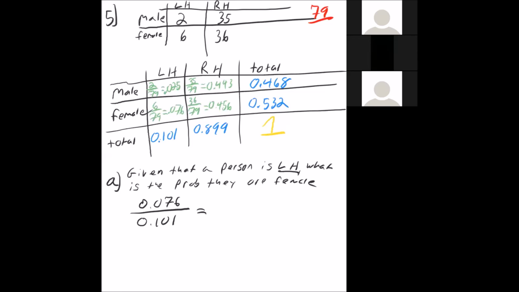So then you would divide those two. 0.076 divided by 0.101. And that gives you 0.752, or you could say 75.2%.